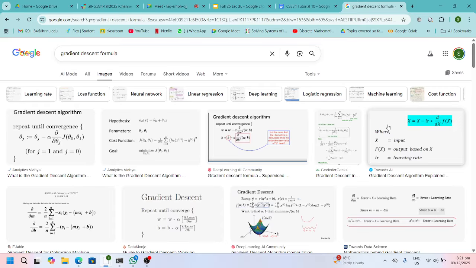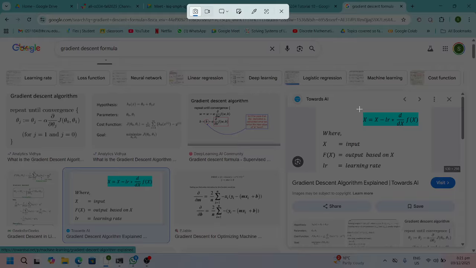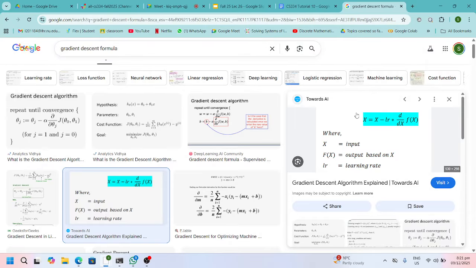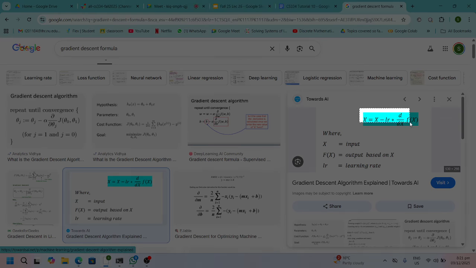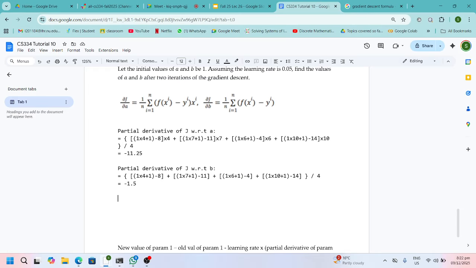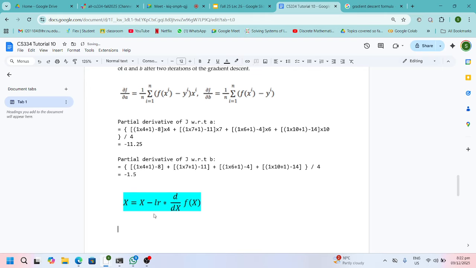This is what I was talking about. This is what you are doing with every single one of your parameters. We will do this for both of our parameters. I think that this is gonna be a little bit simpler.